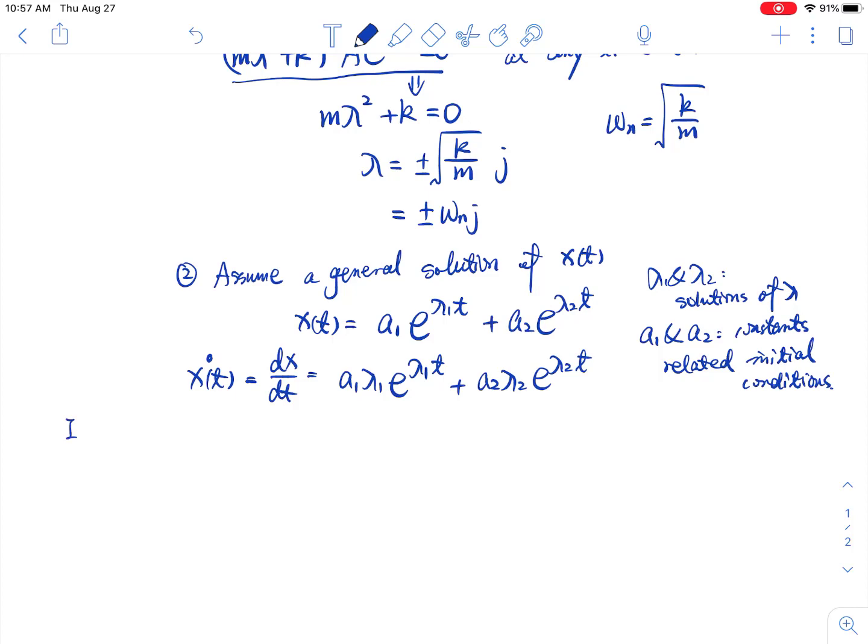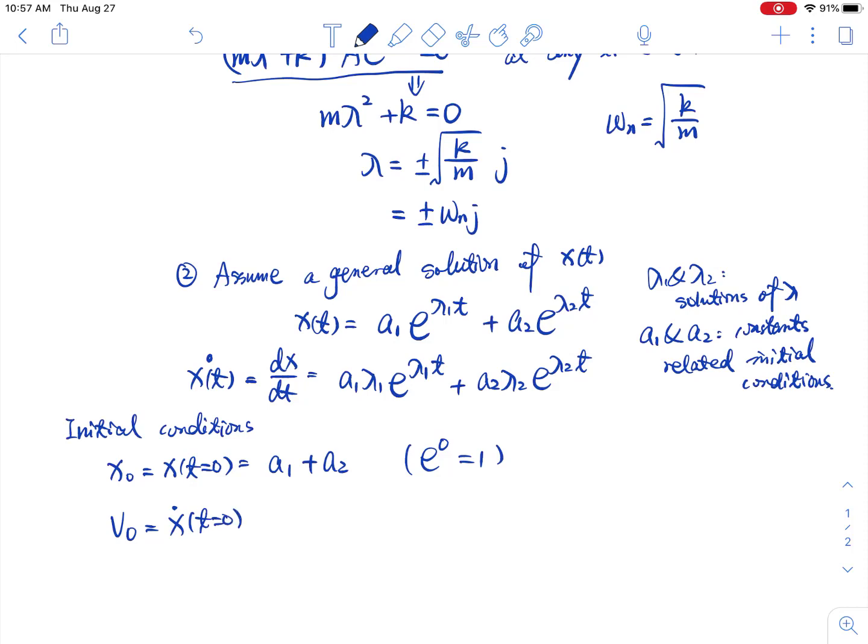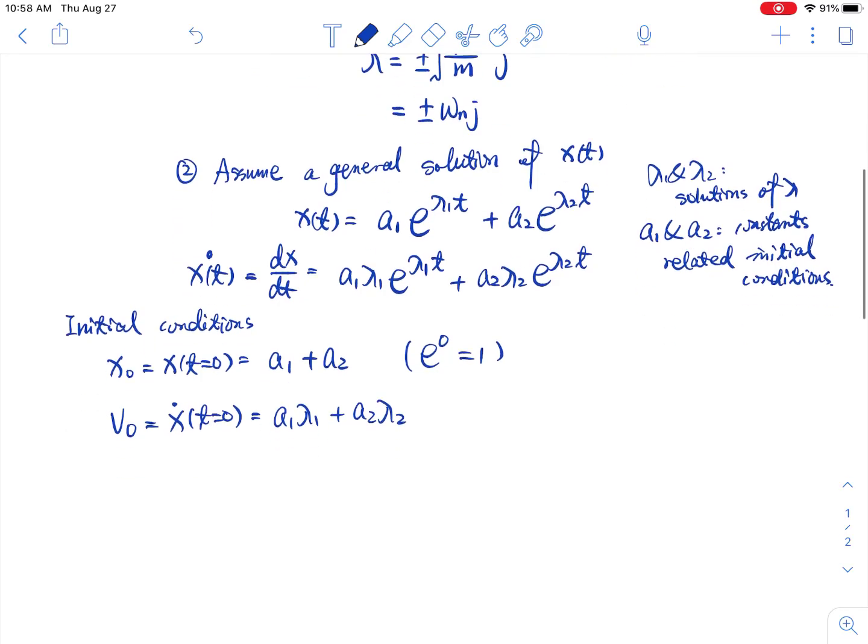So let's recall the initial conditions. So we know the initial position at time equal to 0 is a1 plus a2, and these two, a1 plus a2, should equal x0. That's because e to the power 0 equals 1. And then let's look at the initial velocity. So x dot at time equal to 0 gives us a1 λ1 plus a2 λ2, that equals v0.